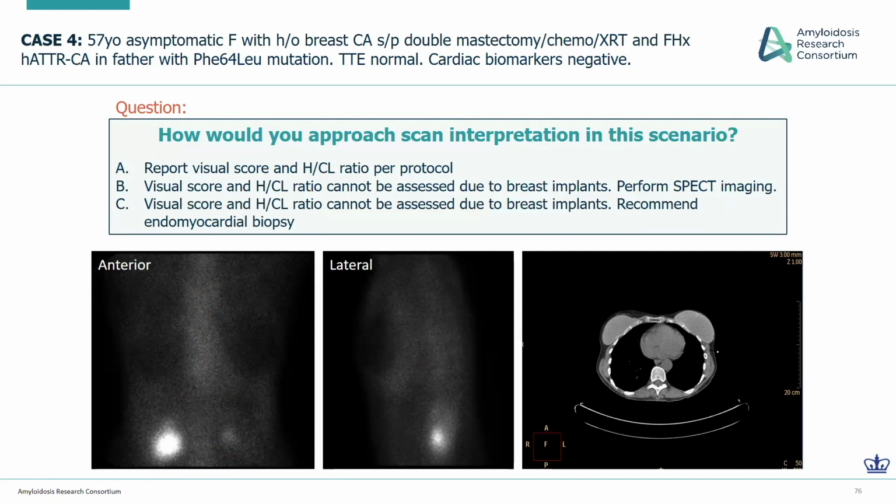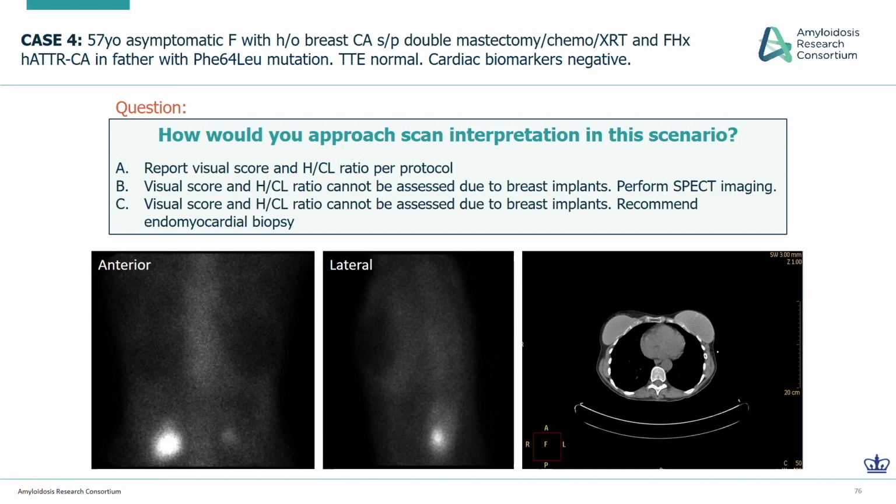Yep. So it's important. If it's not that clear over here, we can't see clearly the anterior view, and you can't see the ribs. And on the lateral view also, we can't see that, because if you look closely, you can see these dark shadows in front, right over here. So these are the breast implants. So patients who have breast implants, we cannot do the visual score on those patients.